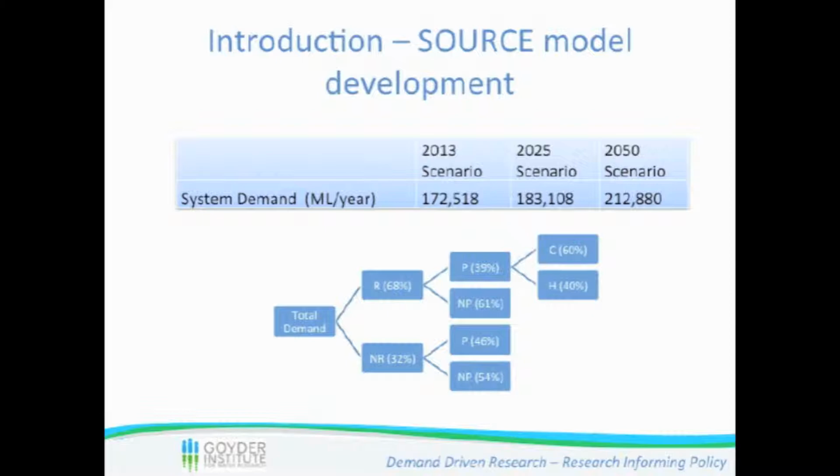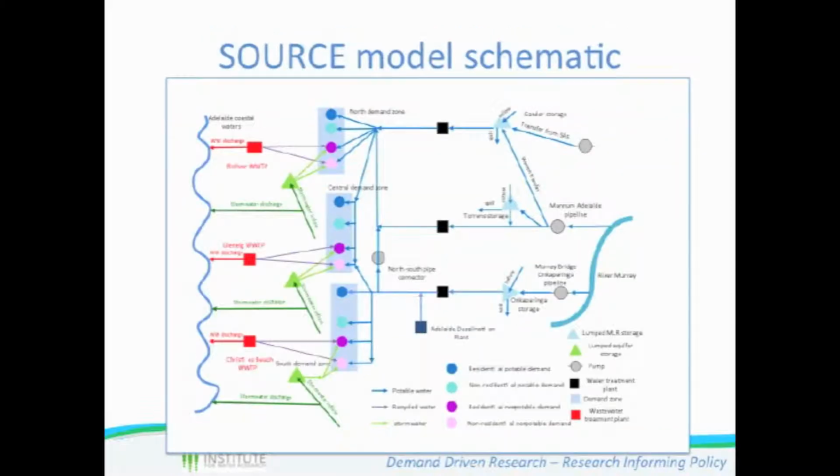These figures include not only the water supplied by SA Water for this region, but also water that was at the time in 2013 supplied from rainwater tanks and from stormwater harvesting and wastewater reuse. And you can see we split that into residential, non-residential, potable, non-potable, and hot and cold water for the residential potable.